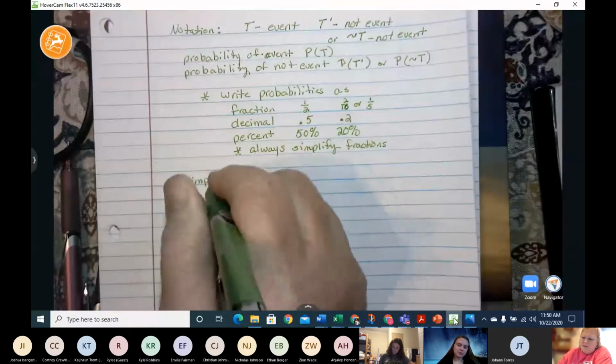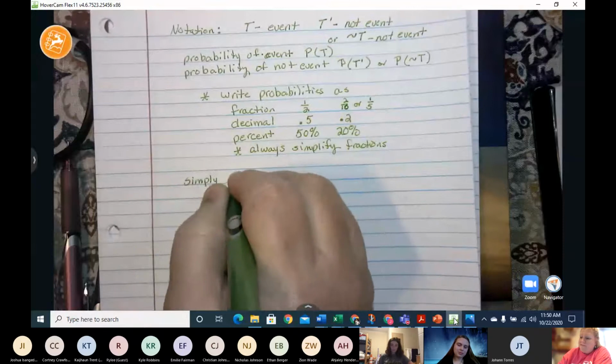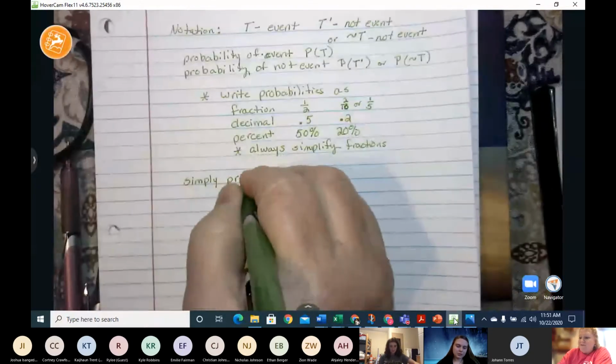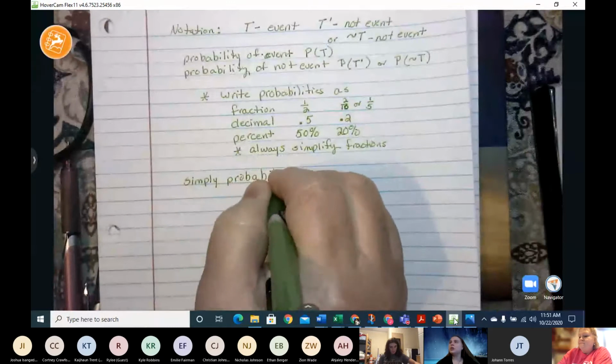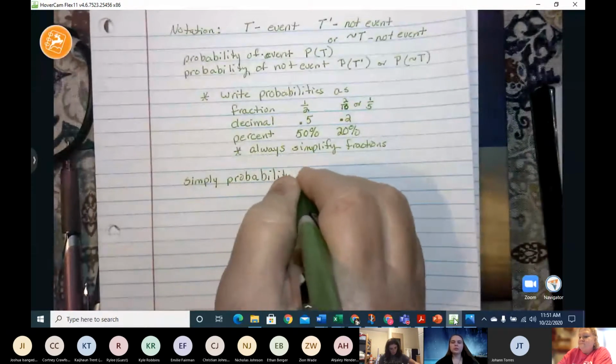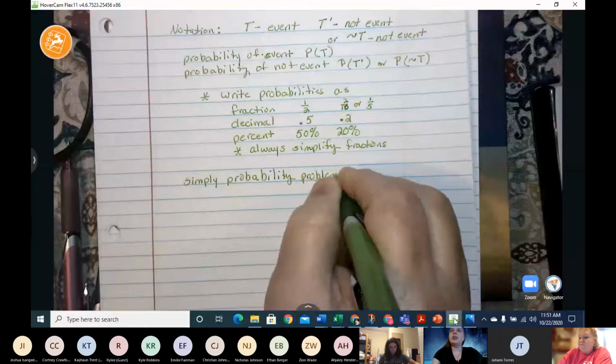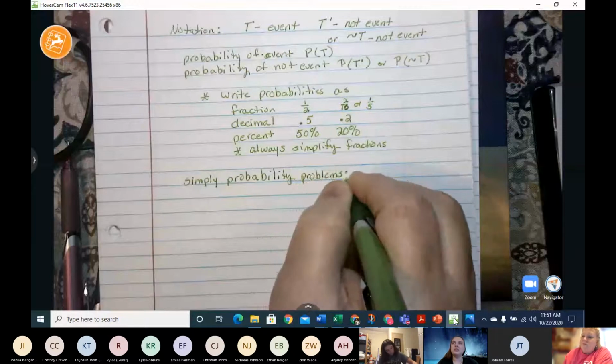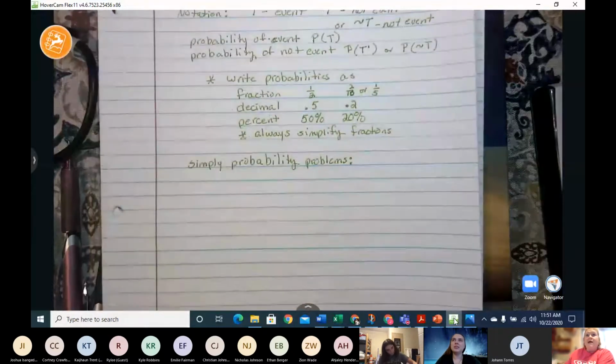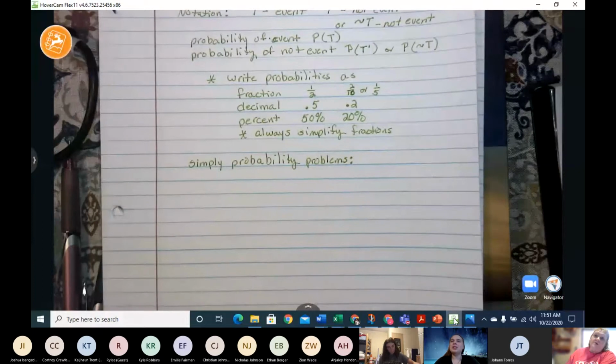Excuse me, not percent problem, simple probability. Had percent on my brain. Simple probability problems. These will be similar to the types of problems you might see on some practice problems.